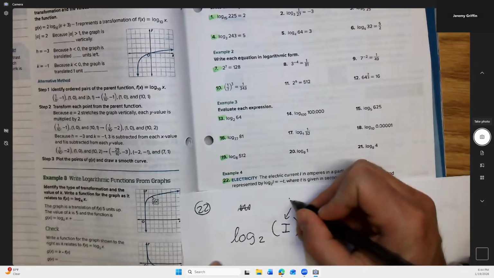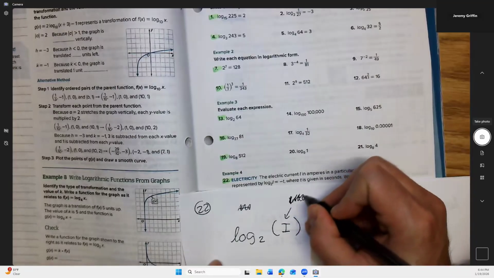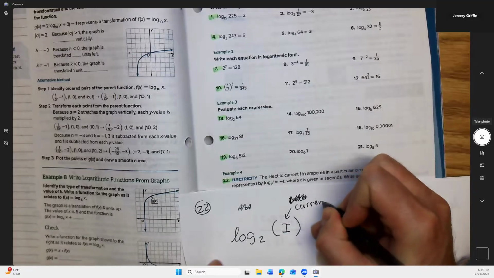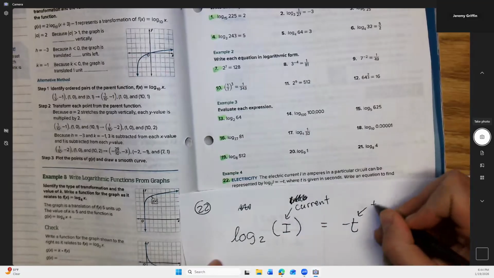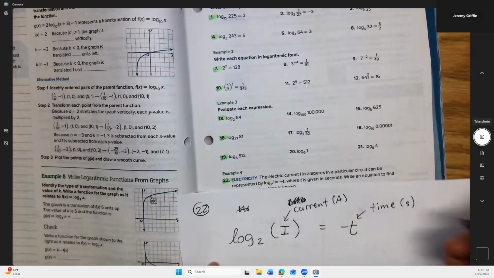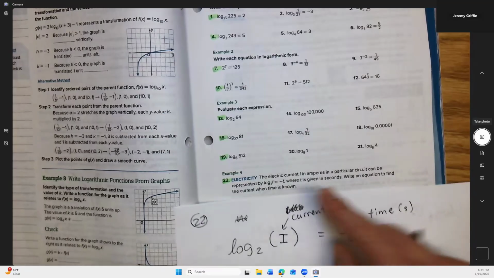So I stands for electric current, and t is time in seconds. So current is in amperes, time is in seconds. Okay. Write an equation to find the current when the time is known.